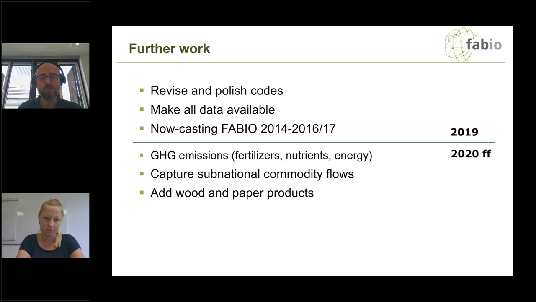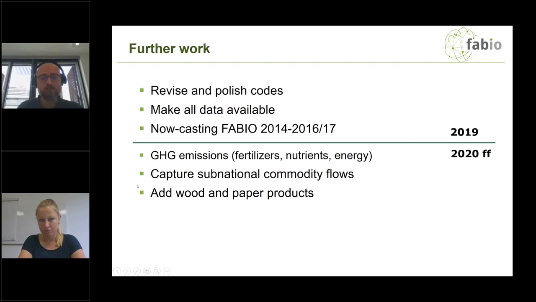We will also do a nowcasting of FABIO for the years 2014 until 2016, maybe if possible until 2017. This will all be made available later on, and then we are also working on an environmental extension for greenhouse gas emissions, also for fertilizer use, nutrient input, and energy use.